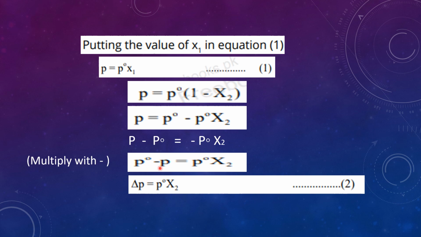And this P naught minus P will be replaced by delta P. So delta P will be equal to P naught X2.